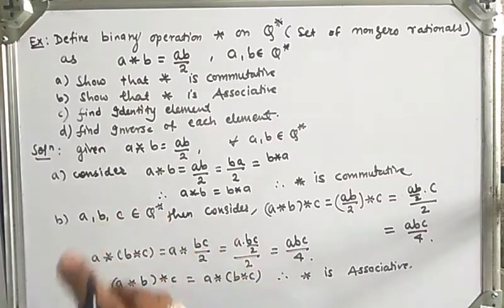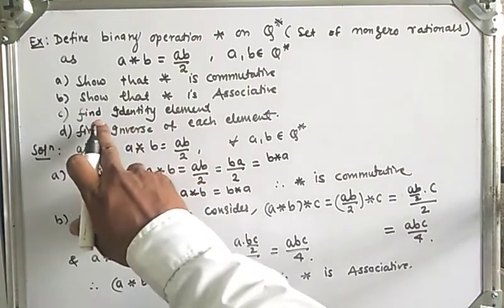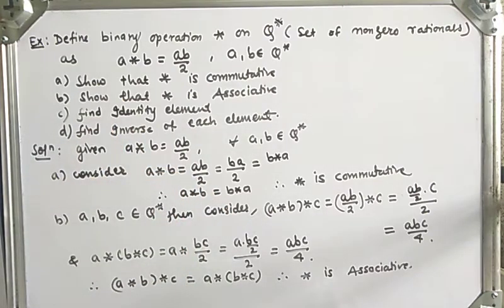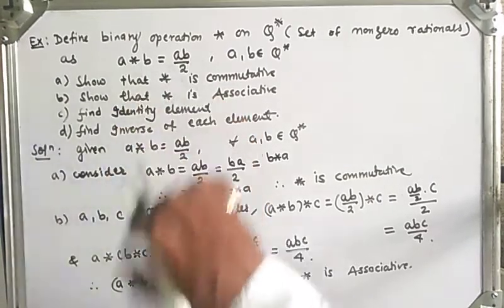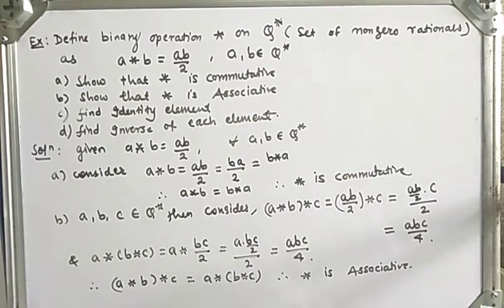Now the third one: find the identity element in the set of non-zero rational numbers under the defined operation a star b is equal to a into b upon 2.